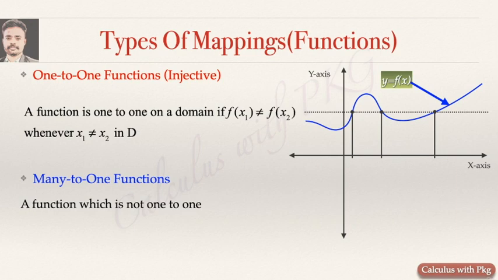From the graph we can see that the y coordinate of the three intersecting points is the same for different values of x. So this blue color graph is not one-to-one as per the definition of a one-to-one function.